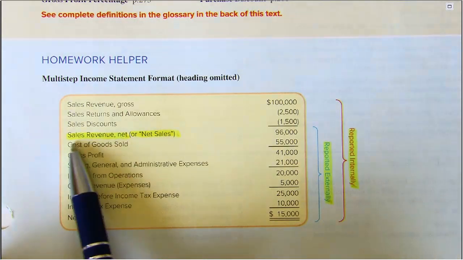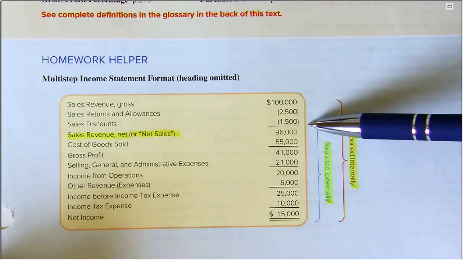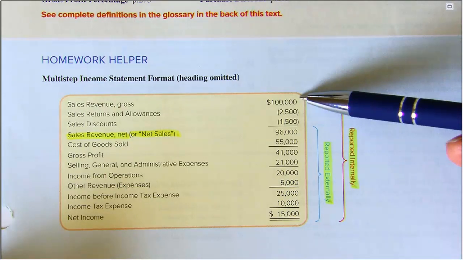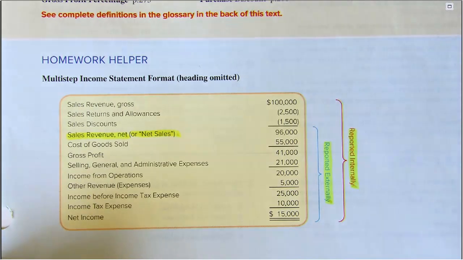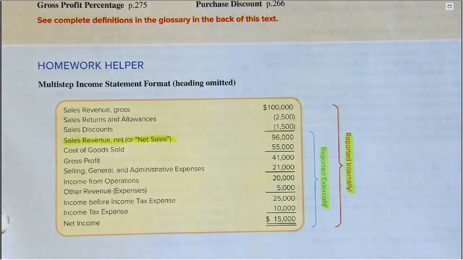Now that's where our external presentation begins. People outside the business, we don't show them the other things because external users are on a need-to-know basis. By giving them that information, we might be tipping off our competitors. We'd rather not do that.